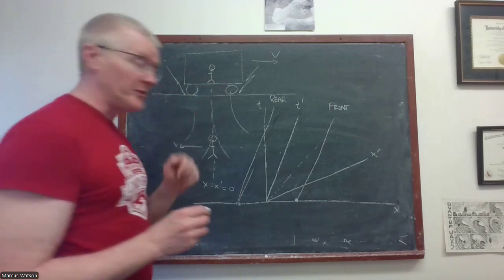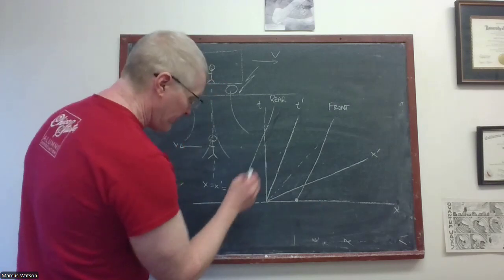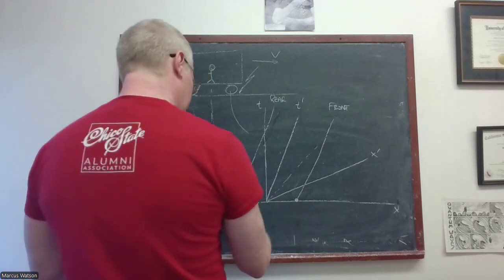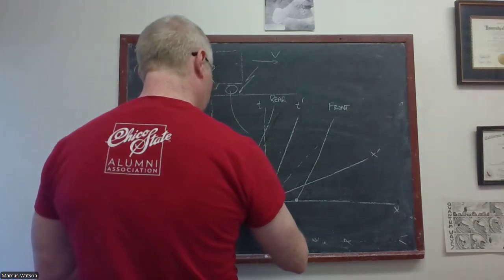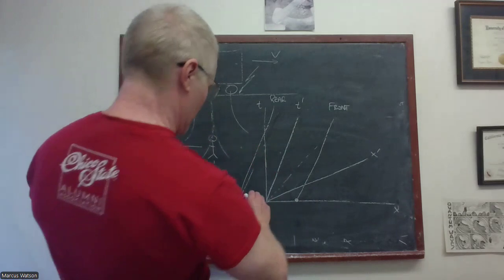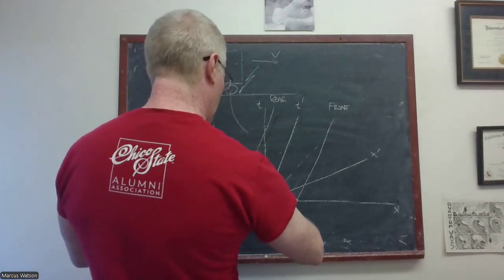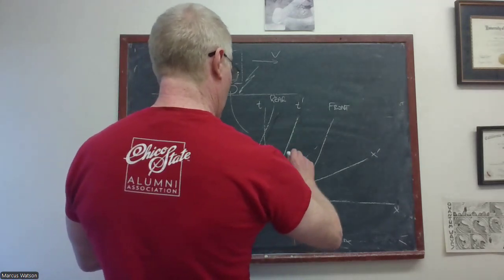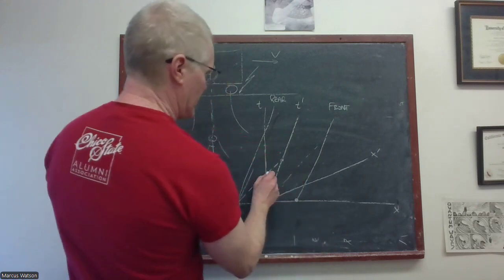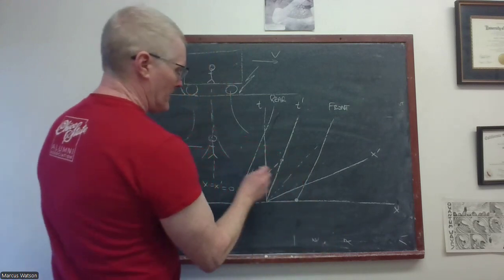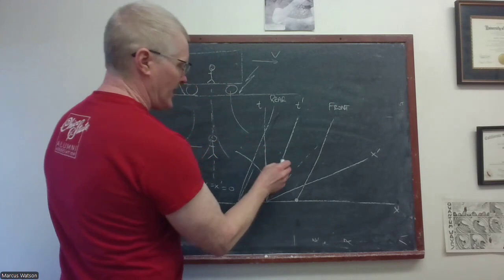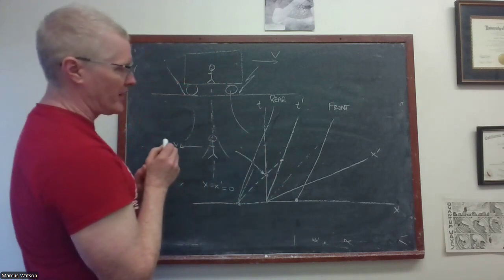Light then travels at a 45-degree angle. So let's get the 45-degree line. It's going about like that, parallel with this one. Okay, it hits the Earth observer here, hits the train observer there.